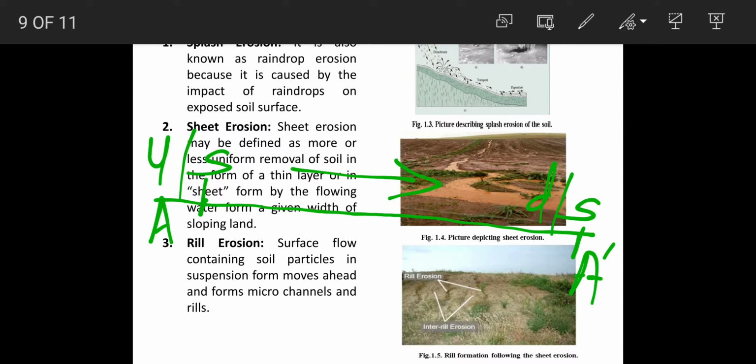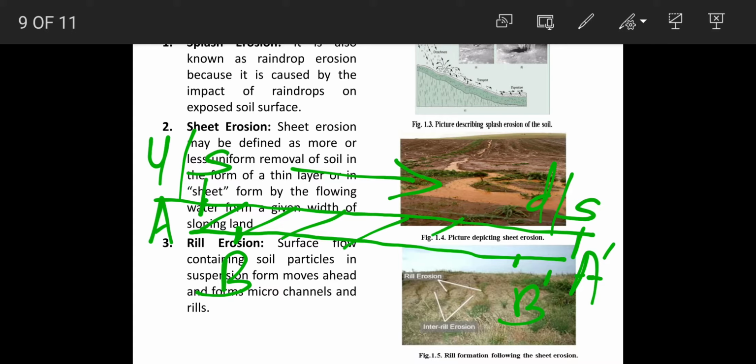But due to the runoff flow, there is a removal of soil in a thin layer, and because of the soil loss, the new ground surface level will be b dash. The middle portion, shown by the cross lines, gets washed off with the runoff water.